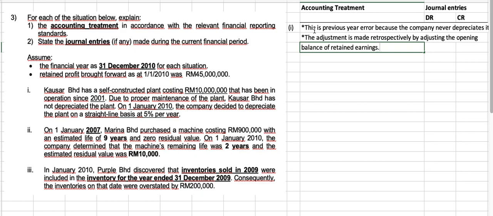The question gave you the retained profit brought forward of 45 million.